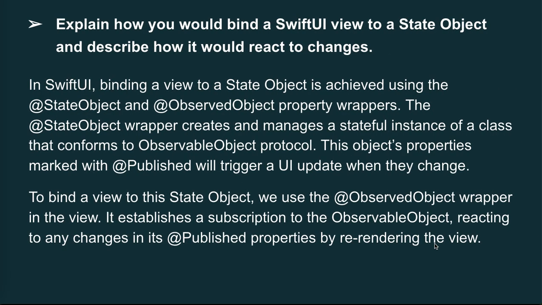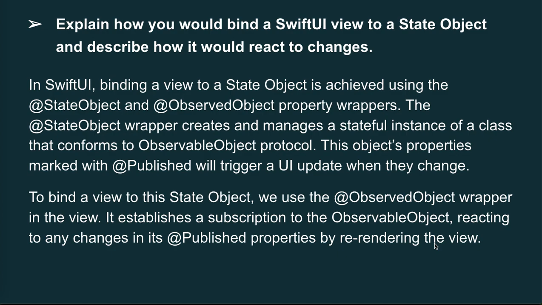So friends, next question is, explain how you would bind a SwiftUI view to a state object and describe how it would react to changes. In SwiftUI, binding a view to a state object is achieved using the @StateObject and @ObservedObject property wrappers. The @StateObject wrapper creates and manages a stateful instance of a class that conforms to the ObservableObject protocol.